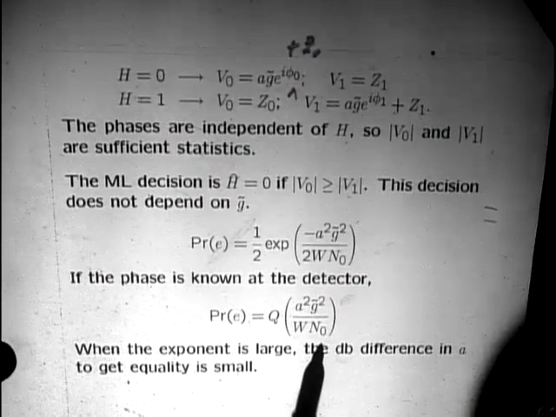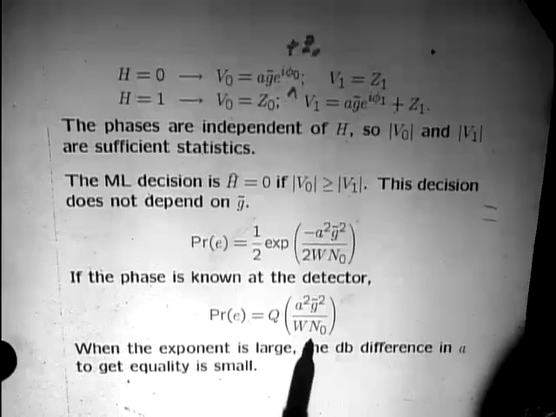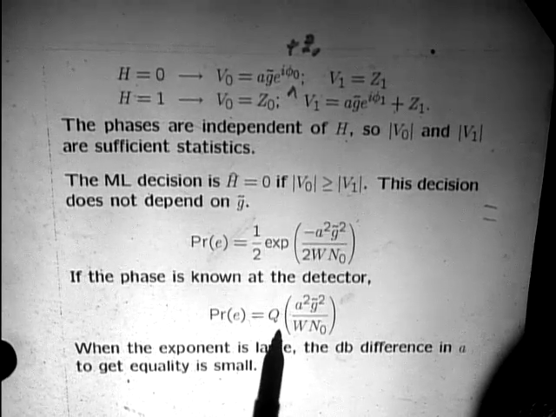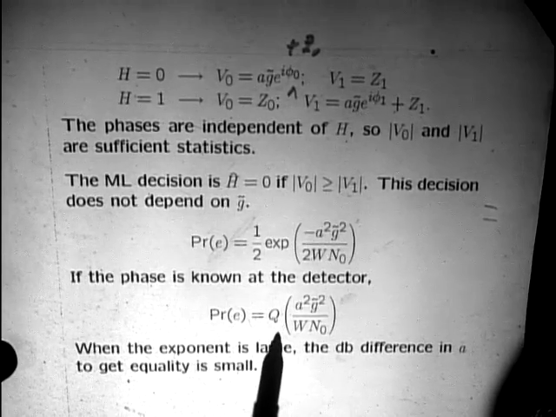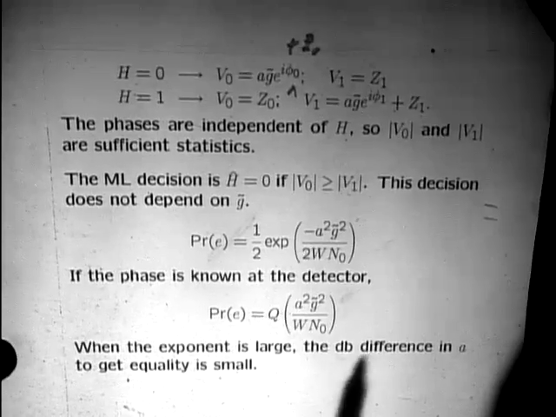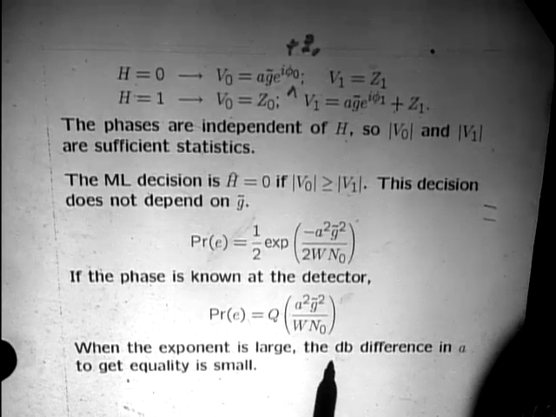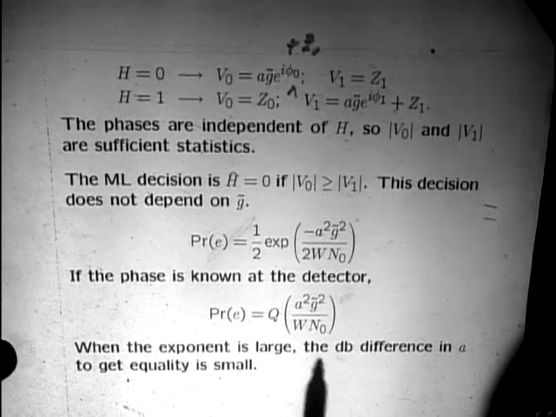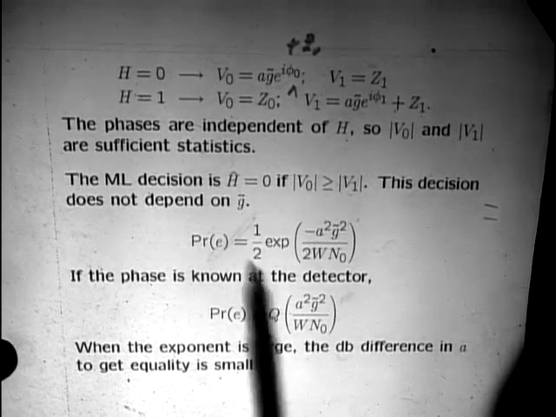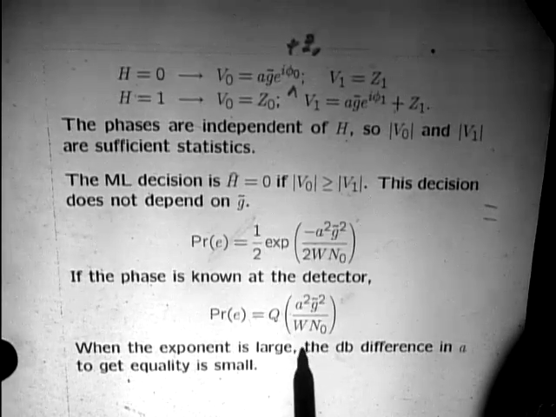divided by Wn0. Now, if you remember the estimates and the bounds we've come up with on the Q function, the simplest bound that we came up with was this. Namely, you take 1/2 of the Gaussian density with the coefficient, you multiply it by 1/2. So this is the simplest estimate we can get of this.